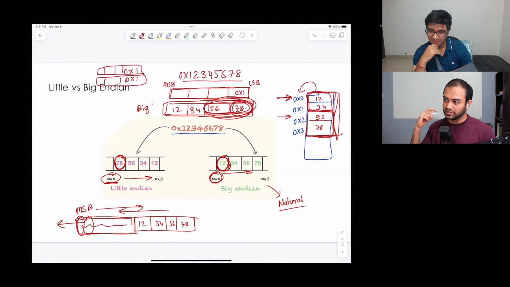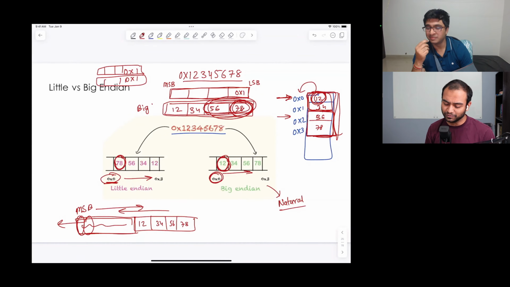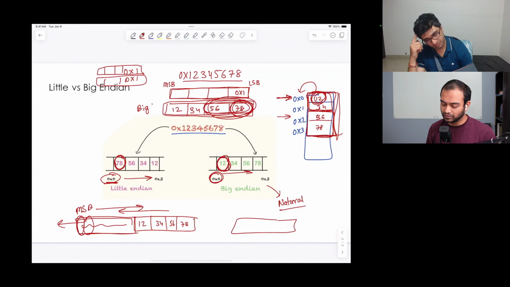Let's say we were transmitting in little endian. We have 32 bits, and let's say the upper 1 byte is actually the header.